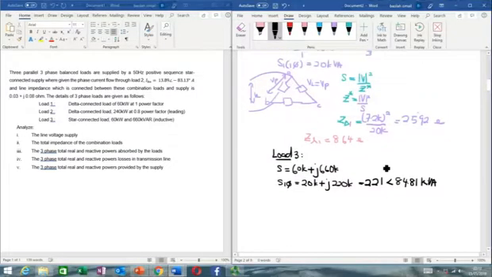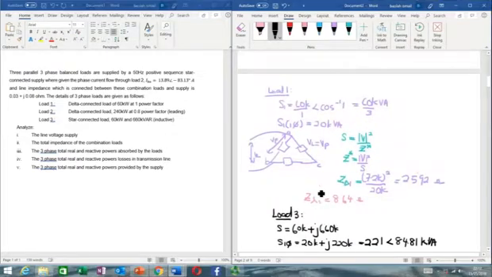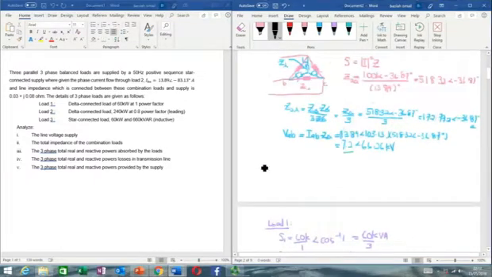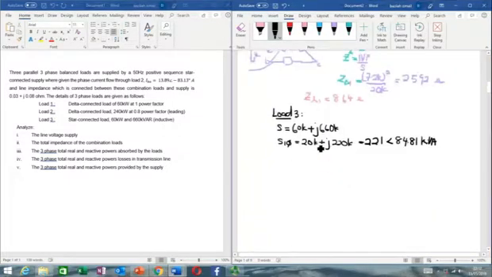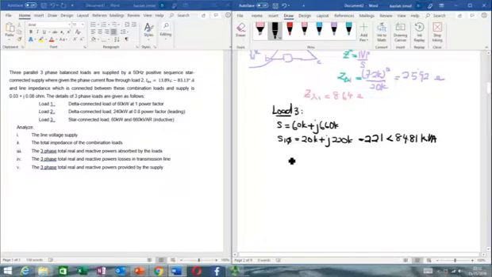So now to get Z star, this is the line voltage. Let me draw the star connection.